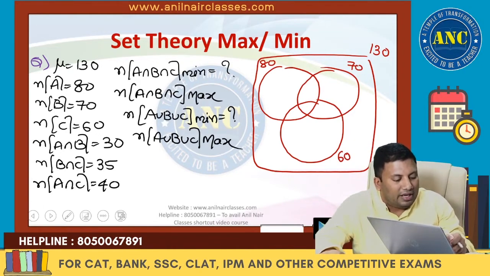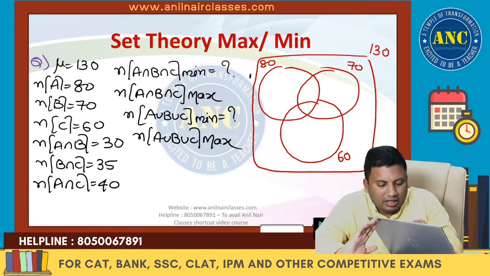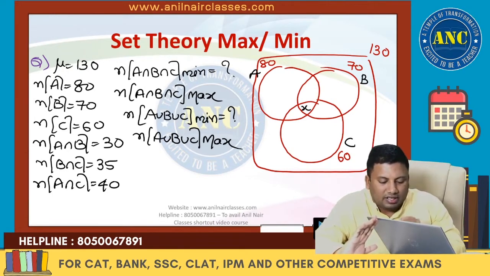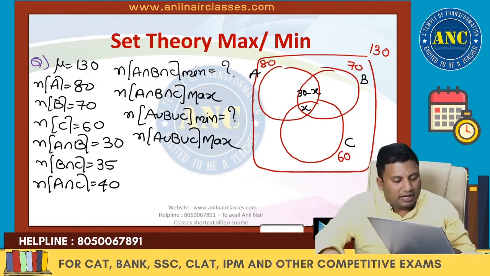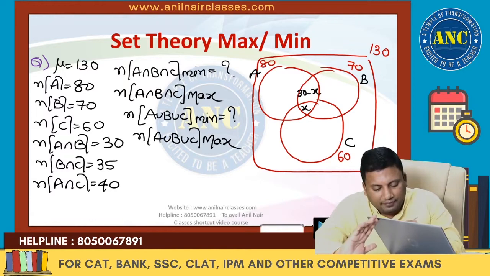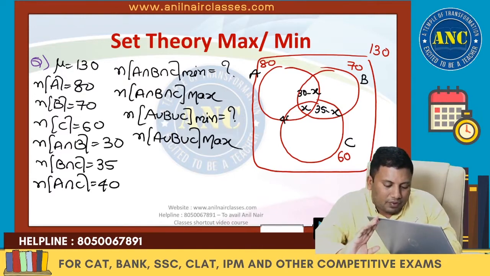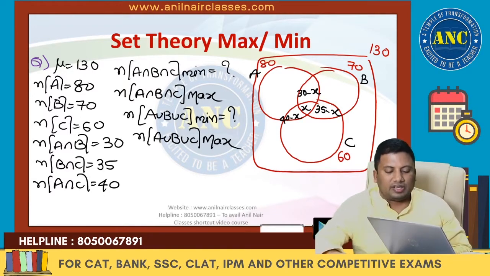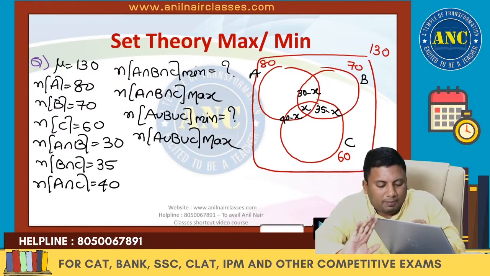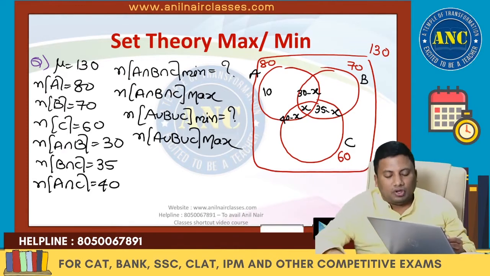N of A intersection B: this is A, this is B and this is C, this is X. A intersection B is 30, so 30 minus X. B intersection C is 35, so 35 minus X. A intersection C is 40, so 40 minus X. A is 80, 40 plus 30 is 70, leftover is 10.